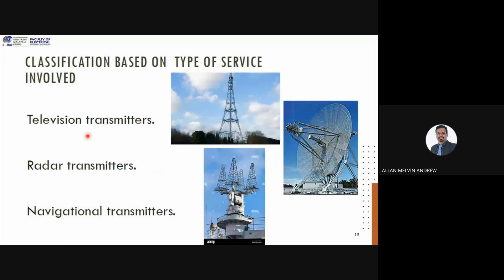Then we have radar transmitters. Usually we use these for military. Now the radar transmitters are very high technology. I think you will be following the war technologies as well. You can see how they keep on making things better, but I don't know for what, because it all leads to destruction.